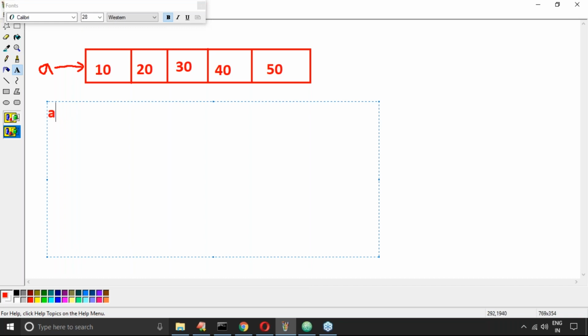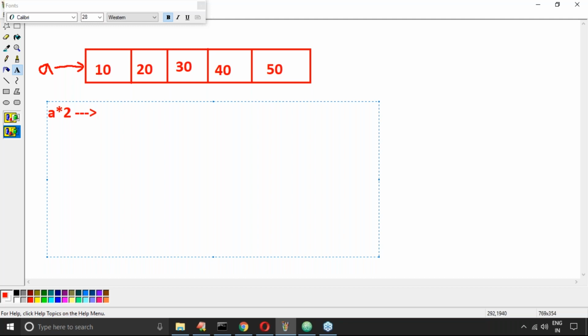Now observe carefully: a into 2. Can anyone please tell what will happen? Every element present inside the array will be multiplied by 2.